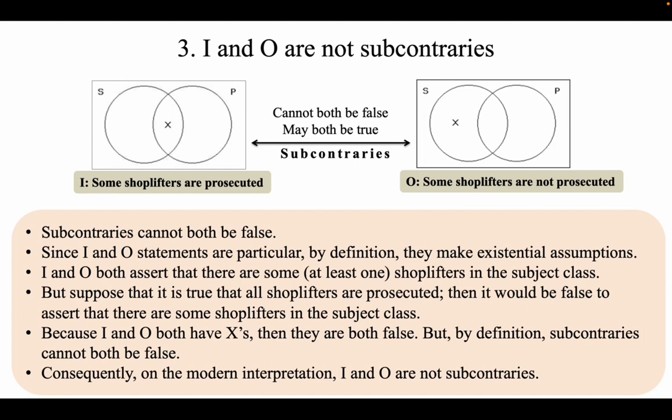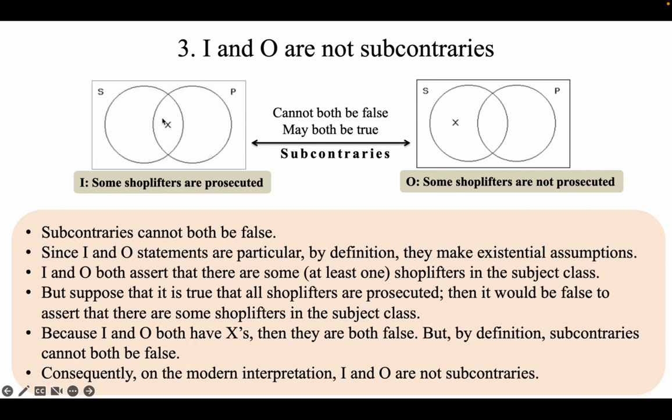So if I say that all shoplifters are prosecuted, if this statement is true, then guess what? Then the statement that some shoplifters are prosecuted would be false. Why would it be false? Remember that the I statement makes an existential import or assumption.